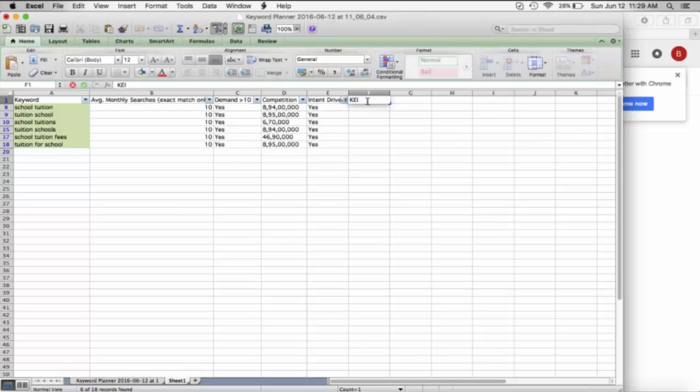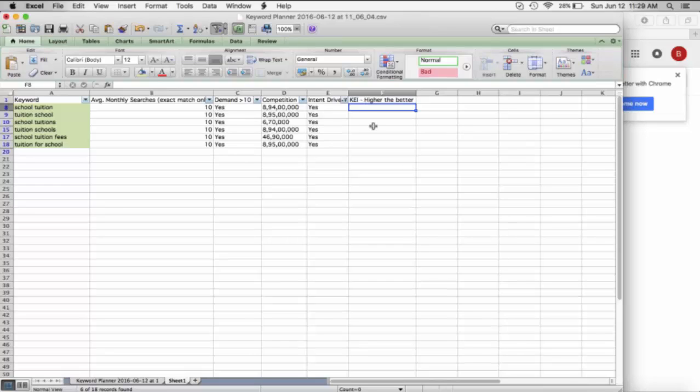So KEI, higher the better. So this formula will try to figure out which keyword is more effective comparatively. So the formula goes like this: KEI is equal to search squared, which is average monthly searches, divided by competition.